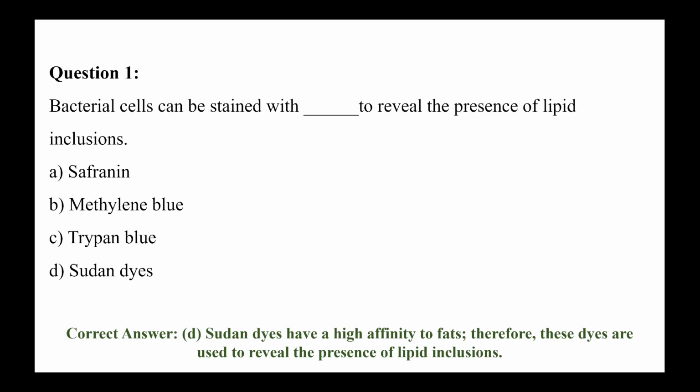Other than that, we have safranin, methylene blue, and trypan blue, right? Safranin is a dye that is used in gram staining. We'll discuss gram staining in detail later. It has a reddish pink color and gives a pinkish color to the cells.